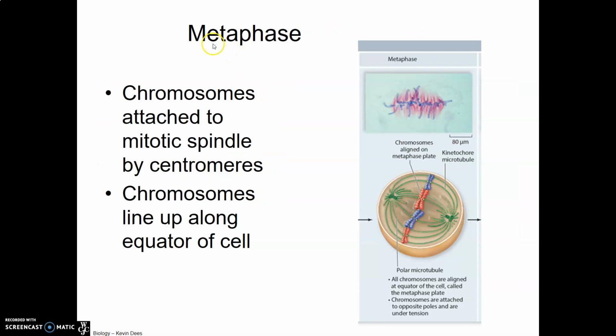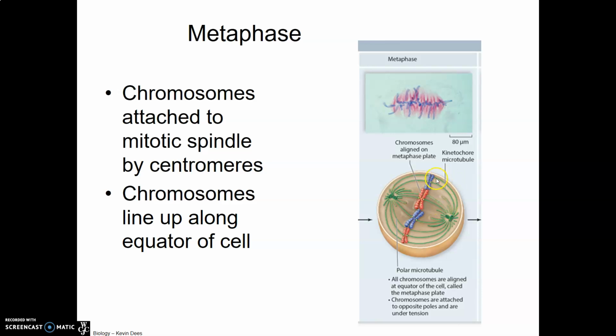Metaphase is probably the easiest to recognize and one of the shortest phases of the cell cycle. Here, our replicated chromosomes are going to be attached to the mitotic spindle by their centromeres. So here we can see these replicated homologous chromosomes, and the centromere region attaches to these spindle fibers.